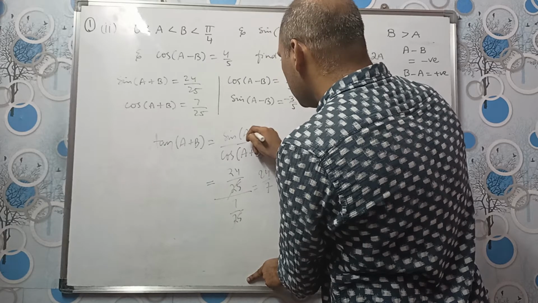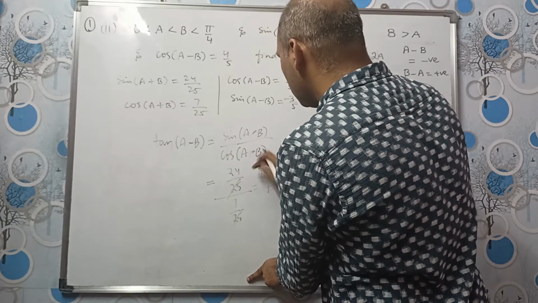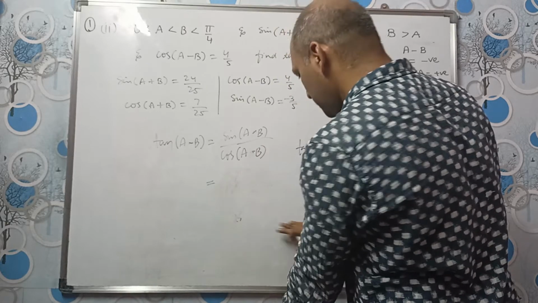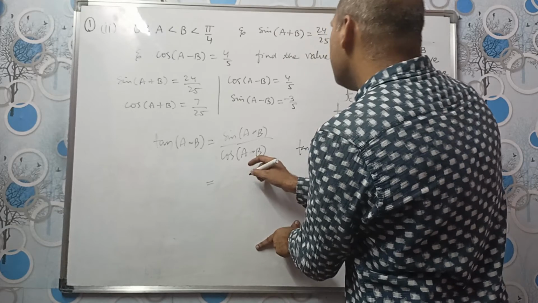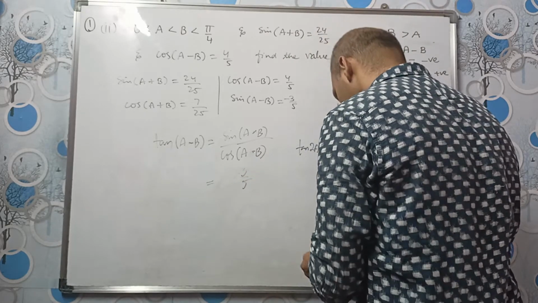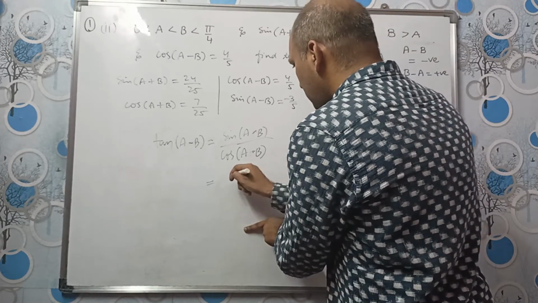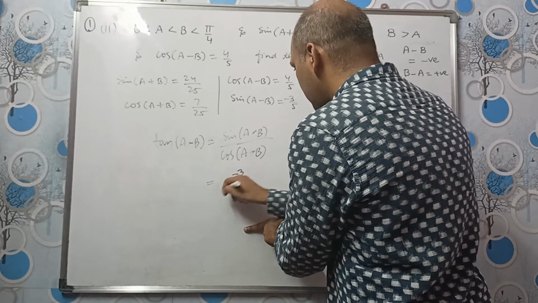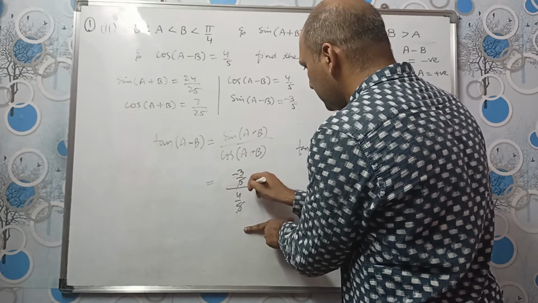See, tan(A-B) is sin(A-B) divided by cos(A-B). So this will be equal to how much? Minus 3 by 5, oh god, these markers. Minus 3 by 5 divided by 4 by 5. 5 will get cancelled.